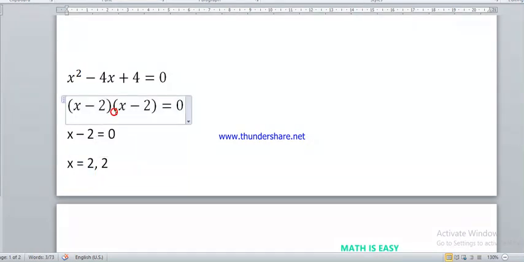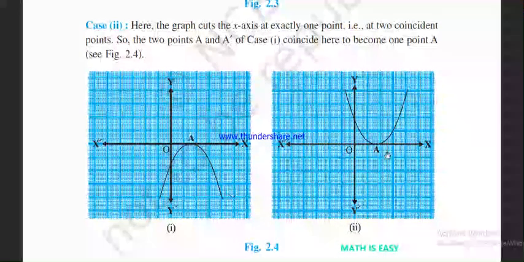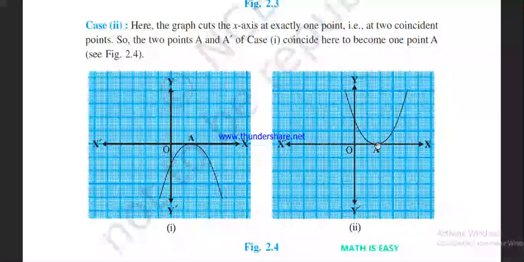When I equate the second term x minus 2 equals 0, then again I will get x value as 2. So here both the values are the same. It is a quadratic equation only, but the solutions remain the same. So in that case, the graph touches at 1 point only. So there is only one solution.